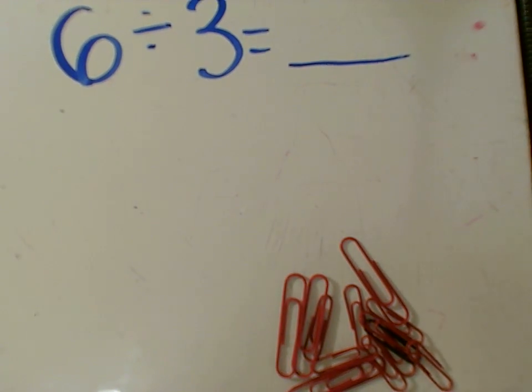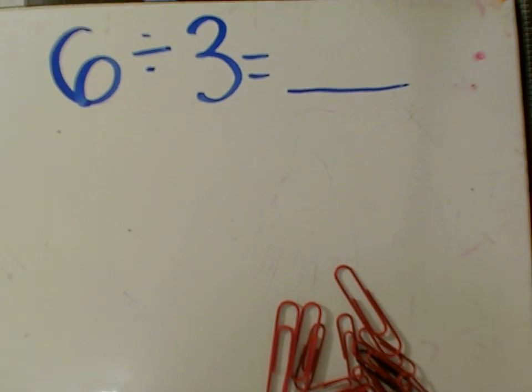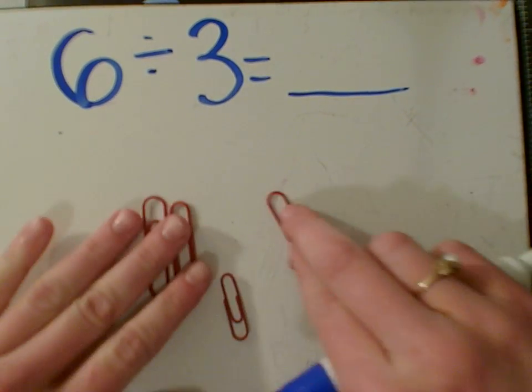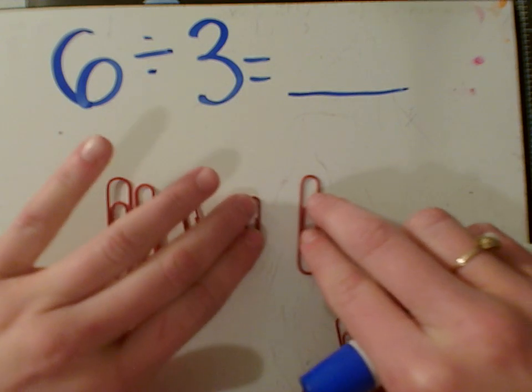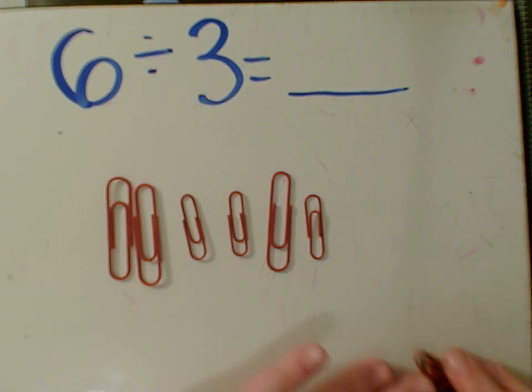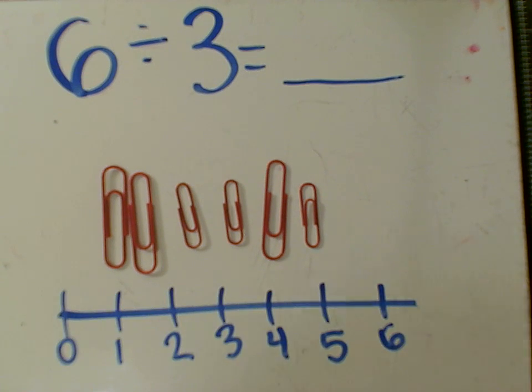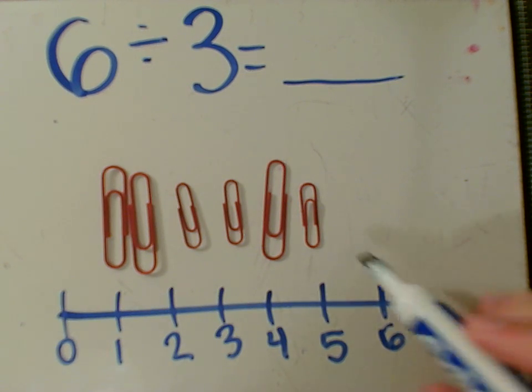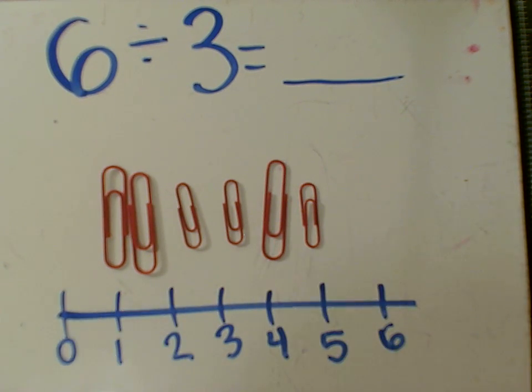What would that equal? Now, I can use paper clips, or I can actually use a number line too, whatever works best. So if I have 6 total paper clips, can I divide that into 3 equal groups?